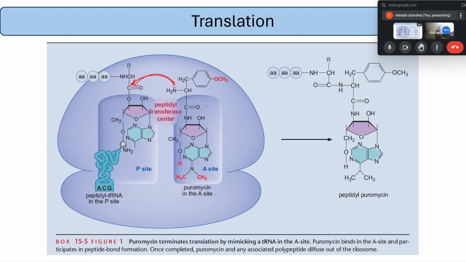The upcoming tRNA with the amino acid will not be able to form a peptide bond with the next amino acid. So it halts the translation process by inhibiting the formation of the peptide bond. So this is how puromycin acts on the prokaryotic cell.